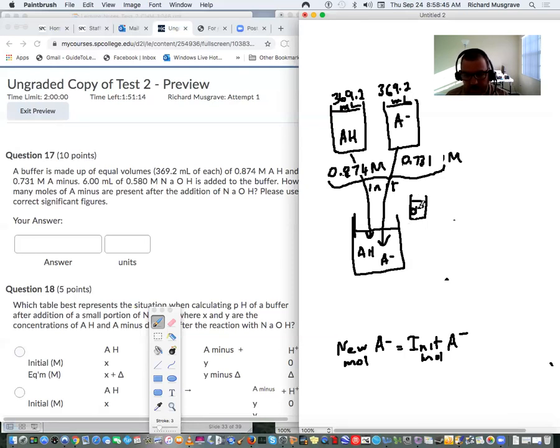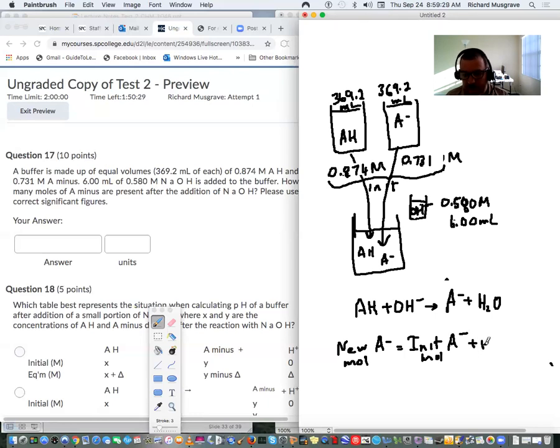And the OH minus that we're adding is going to be 0.580 molar and the 6.00 mils. So here the situation is that the AH is reacting with the OH minus that we're adding and is becoming A minus plus H2O, which means that the A minus is going up.